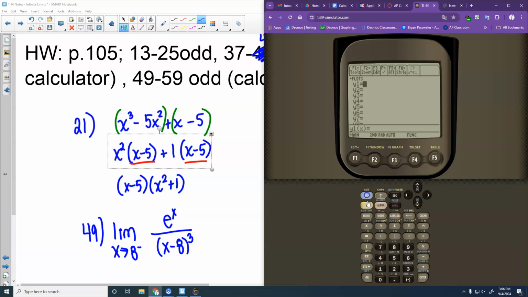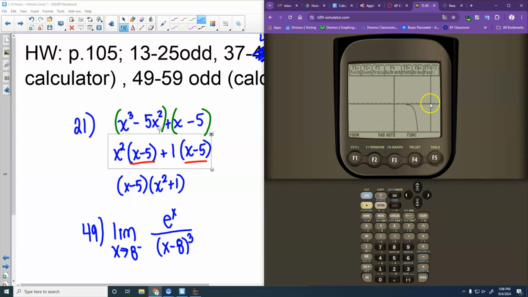So we'll have e to the x divided by (x minus 8) to the third, like that. And then you can look at the graph or you can look at the table. Either one's really going to be pretty helpful right here. If you look at the graph, that might be the easiest on this one.